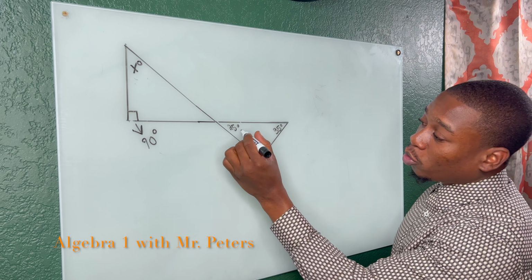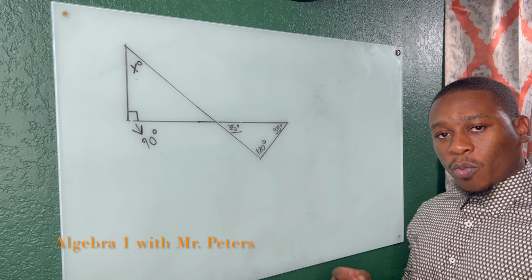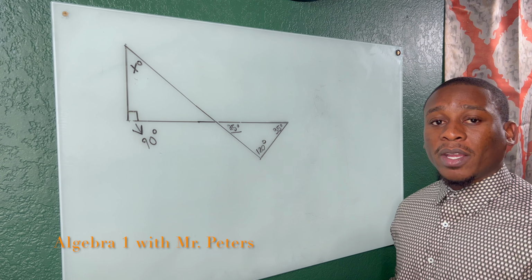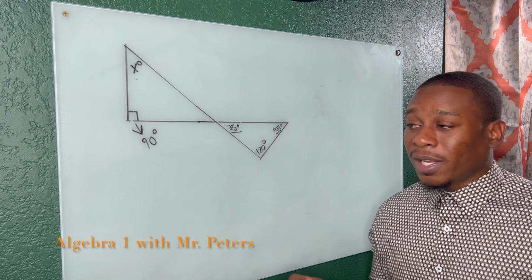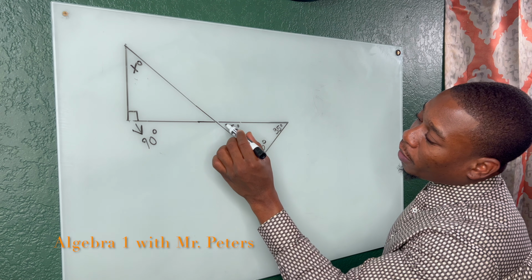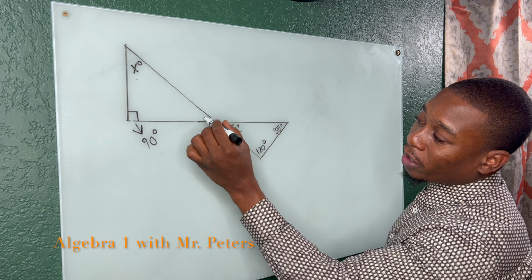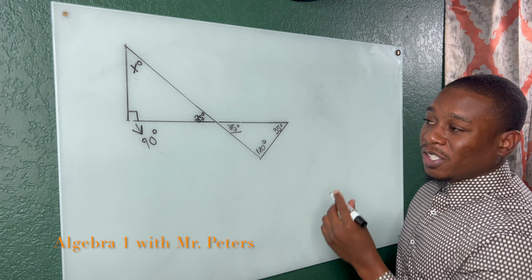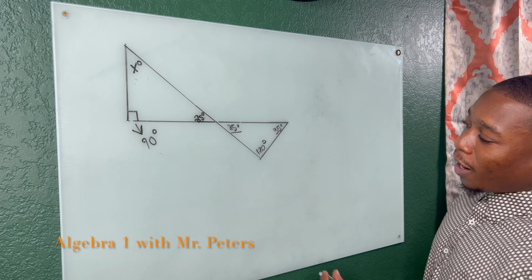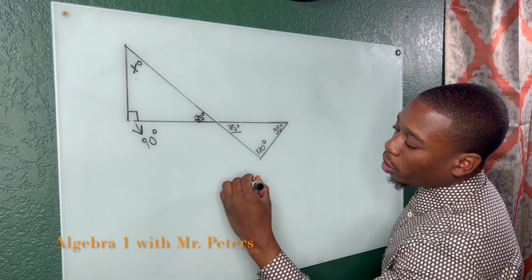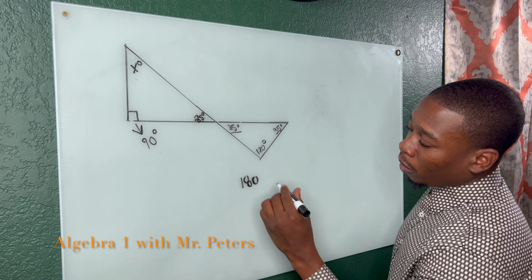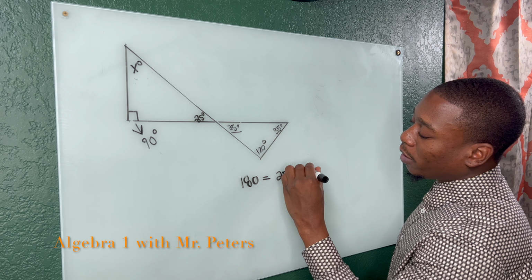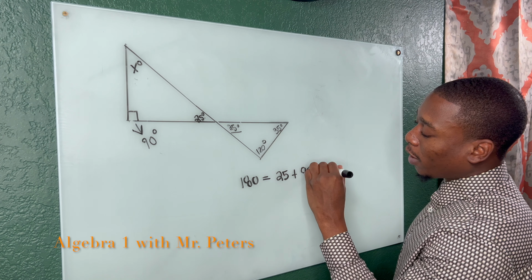Now, this is where this problem becomes important. So this right here, 25 degrees, remember that when two lines intersect, they create vertical angles, and vertical angles are congruent. What does that mean? That means if this is 25 degrees, the vertical angle right here is also going to be 25 degrees. So now that I know that, I could set up an equation and do 180 is equal to 25 plus 90 plus x.